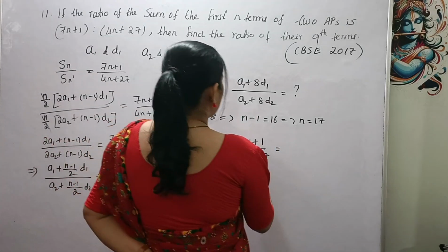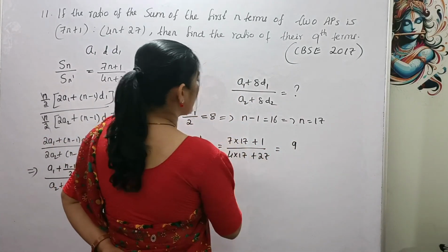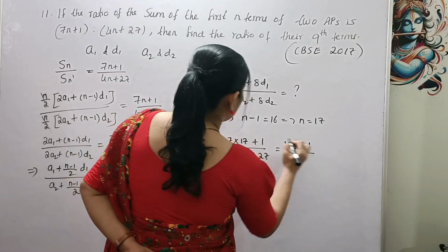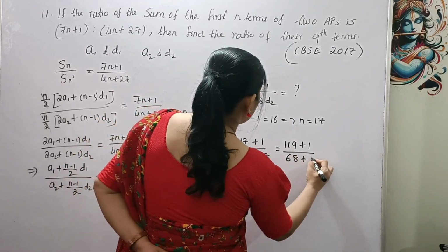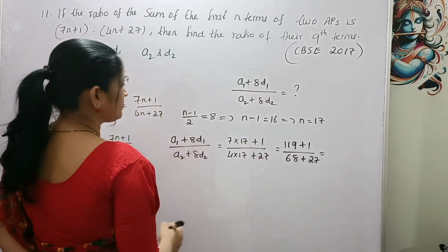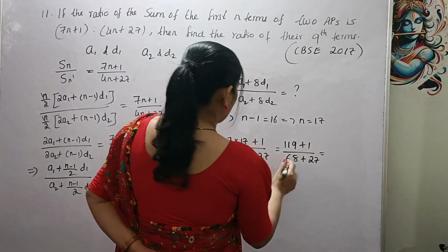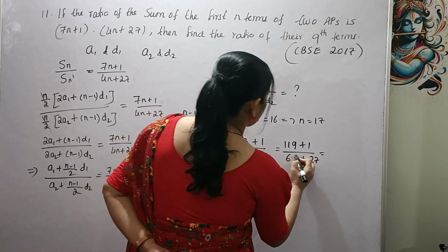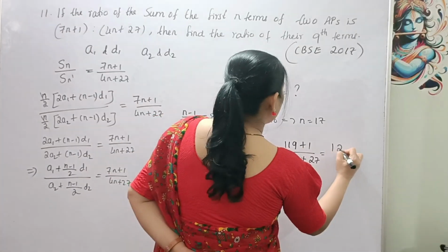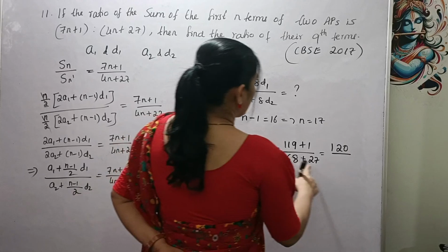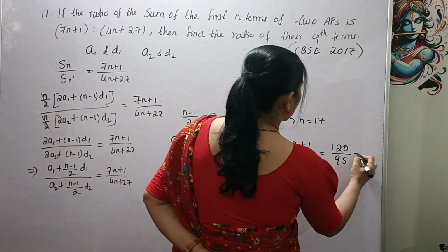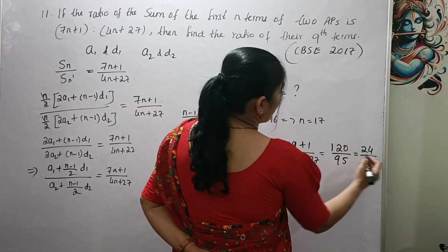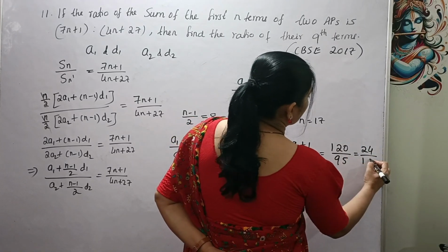That is 7 sevens are 49, 7 ones are 7, so 119 plus 1, which is 120, divided by 4 sevens are 28, 68, plus 27, which is 95. That is 120 divided by 95, which is 24 divided by 19.